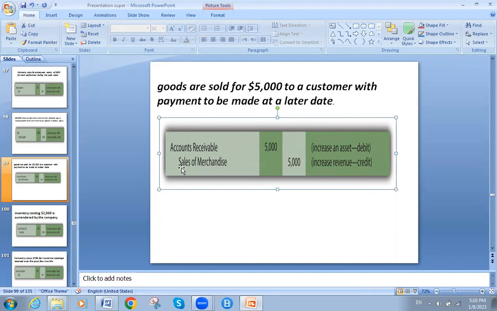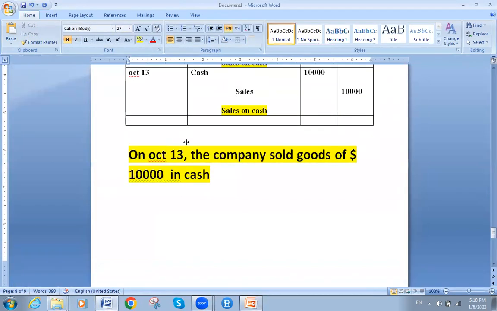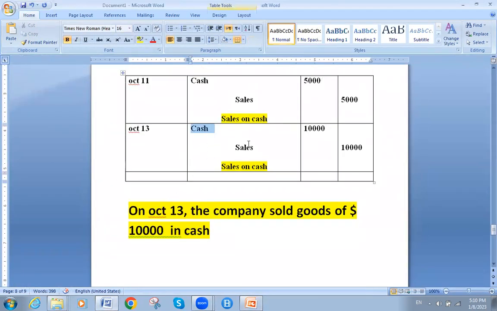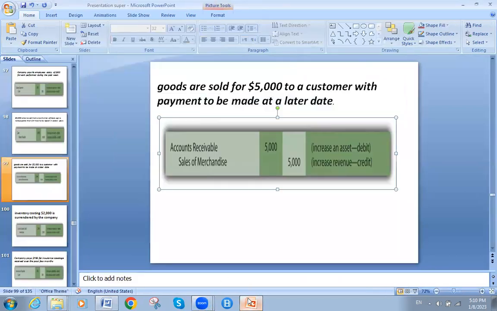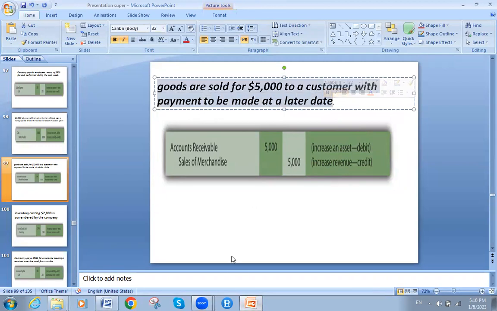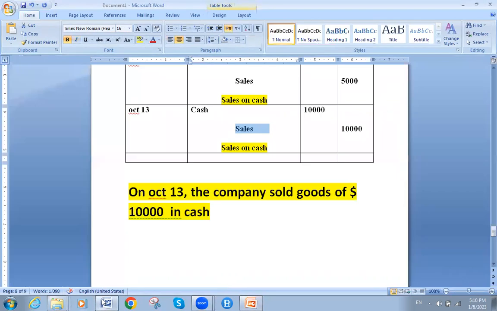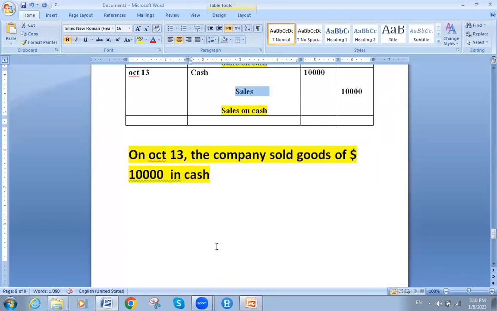In the previous, we said from cash to sales, like I showed you here. We did from cash to sales because it was cash. But now it came the time when there is sales on credit. It means you sell and you will take the money later on.